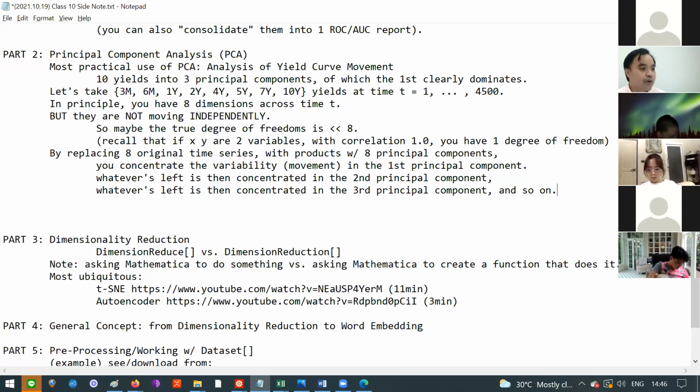Okay, so the first principal component will extract the direction of biggest change.